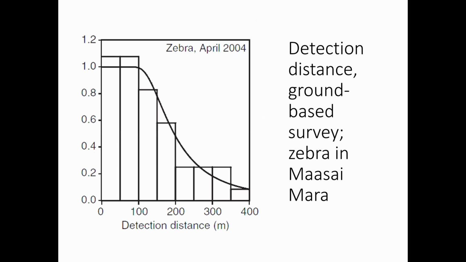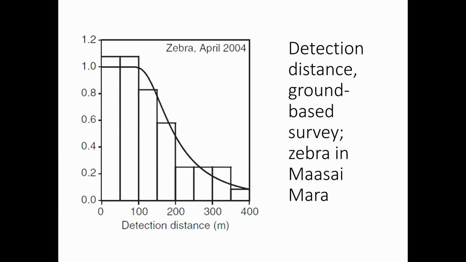Now, you can also try line transects on the ground. This is one in Masai Mara, and you're dependent on this detection distance, which is called a hazard function. There are all kinds of different hazard functions for different animals. How far do they have to be from you before they become invisible? And you calculate this function for different animal species.